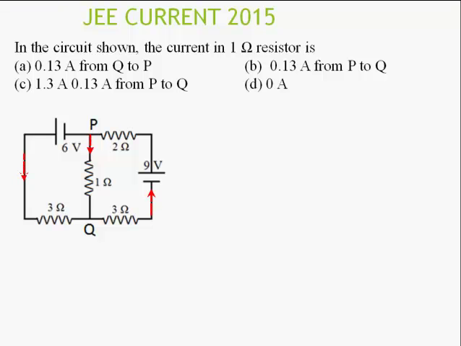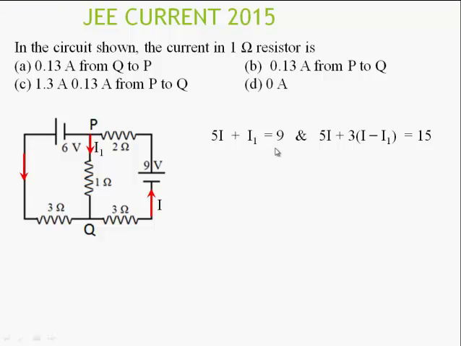I have taken the currents and written the direction of the current, you can see, and I place the values over here. I have named this current I, and this is I1. So with this I1 I get these two currents, and now we apply Kirchhoff's rule for this region: 3I plus 2I, which is 5I, plus 1 times I1 is equal to 9.